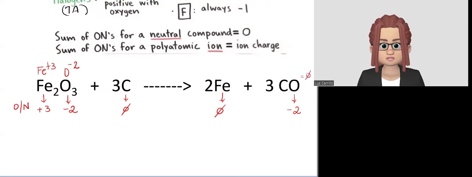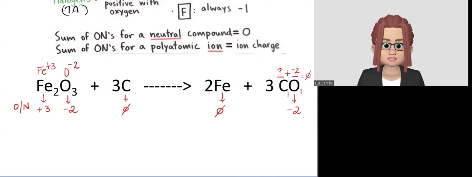In this molecule, each component has a subscript of 1 that I just wrote, but it is implied. When we're trying to discover the oxidation number of carbon in carbon monoxide, taking into account that oxygen has an oxidation number of -2, we multiply by the subscript, which is 1. So overall, this is -2.